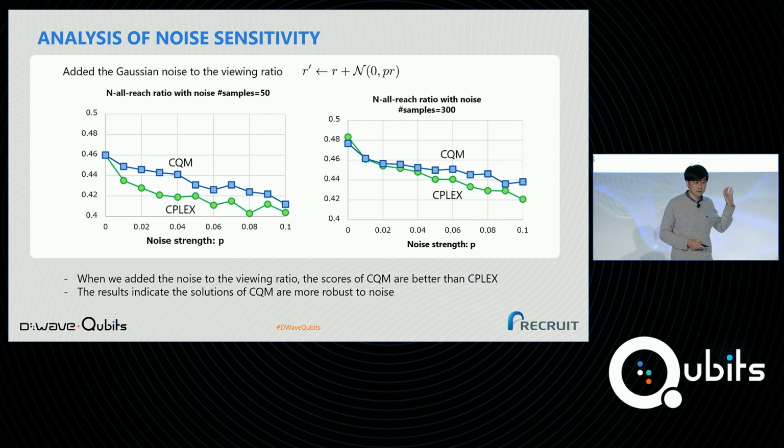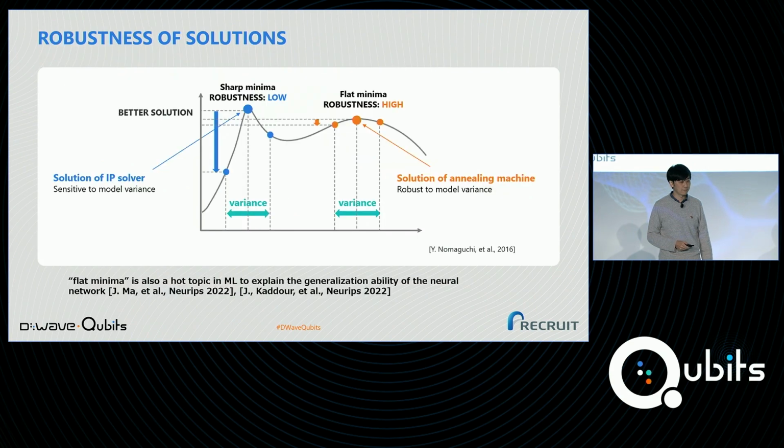So from this result, I can say that the solution of the CQM is more robust than the solution of CPLEX. Also, we can see the difference between a sample size of 50 and a sample size of 300. When the sample size is smaller, we see a bigger difference between CQM and CPLEX. Maybe this explains why the CQM is better when the sample size is small. Okay?